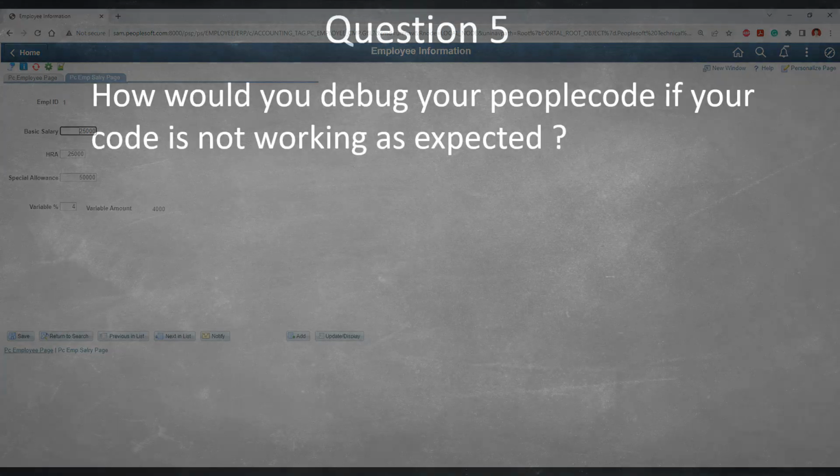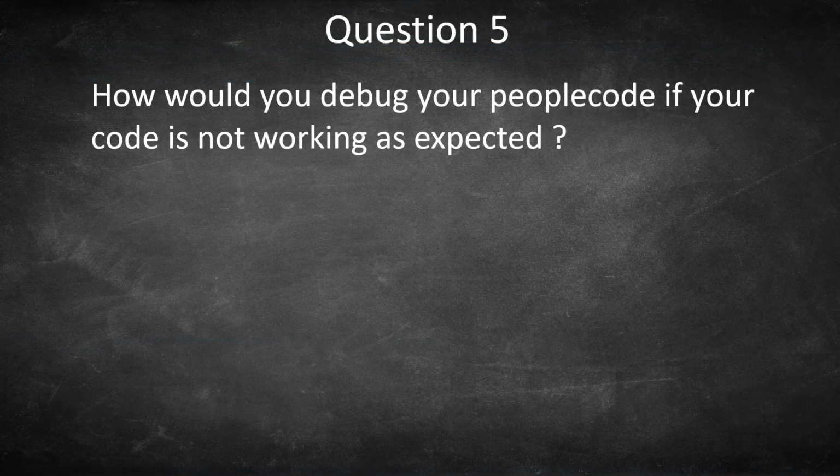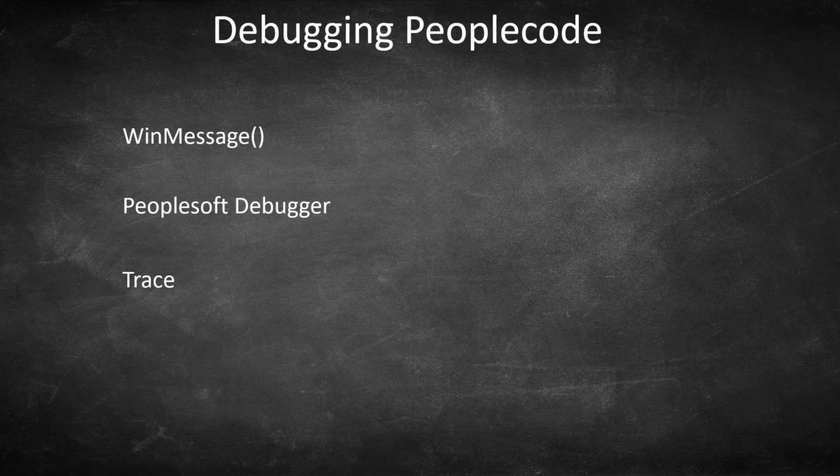So the next question is, how would you debug your PeopleCode if your code is not working as expected? These are some of the useful ways to debug your PeopleCode program. Initially you can start with a simple MessageBox function which will act as a placeholder in your PeopleCode.